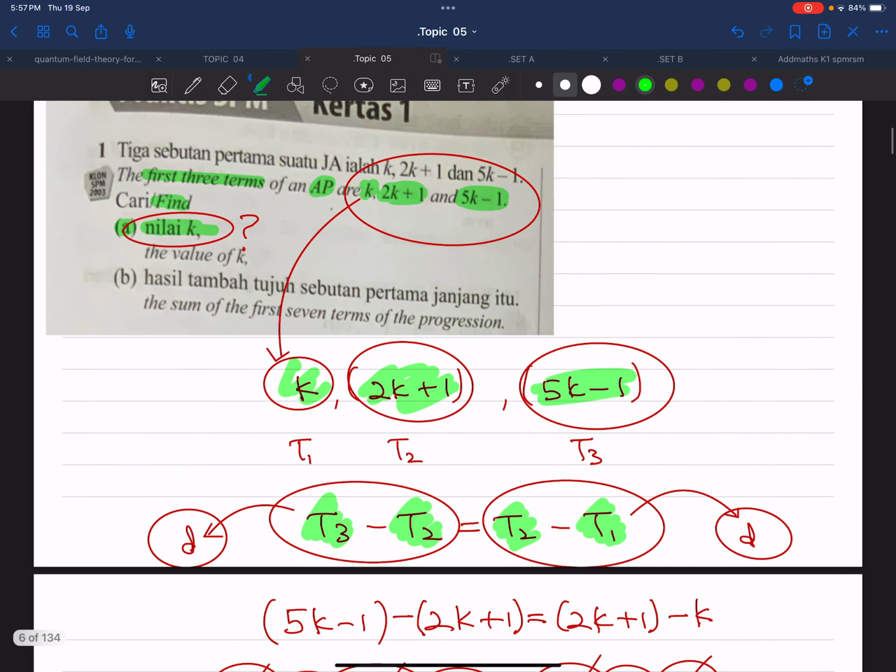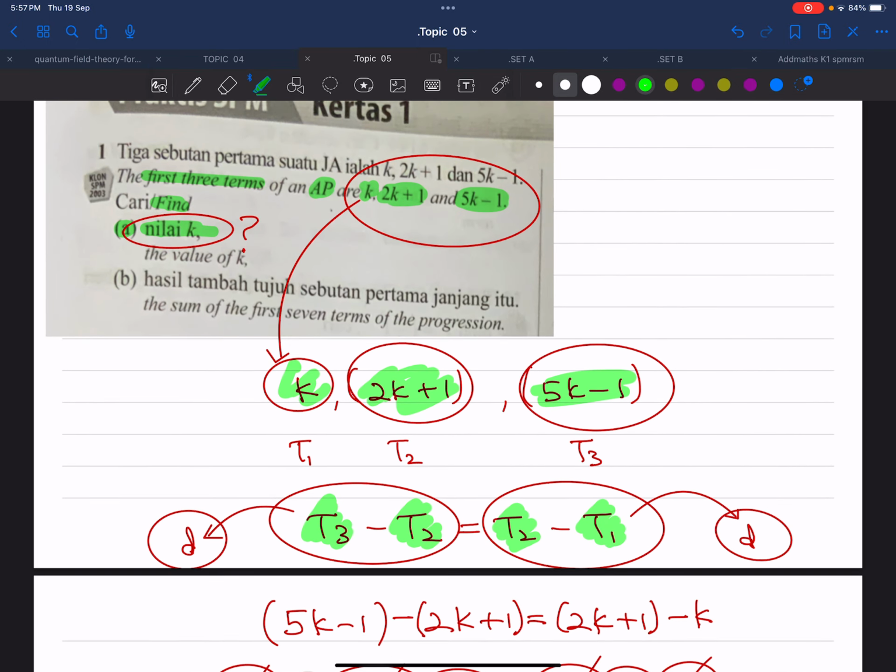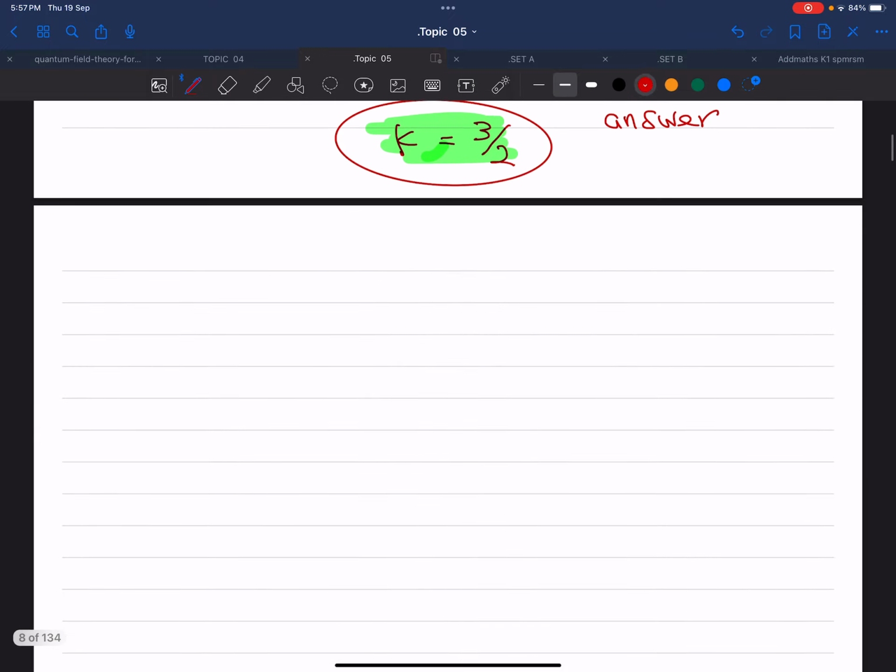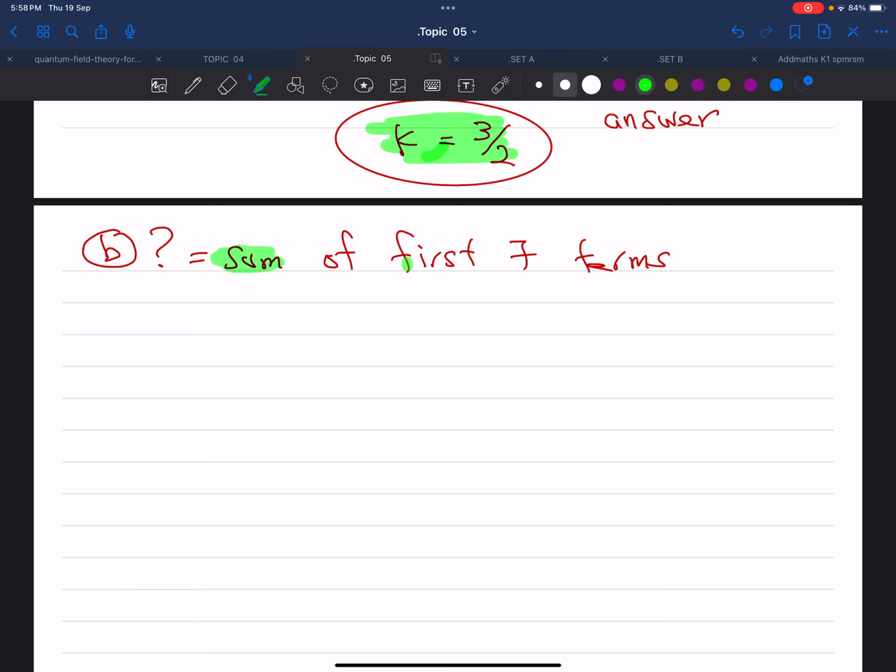The second part, the question is asking, find the sum of the first 7 terms. So the B part, they are asking the sum of the first 7 terms, and the sum of the first 7 terms is of course S7.